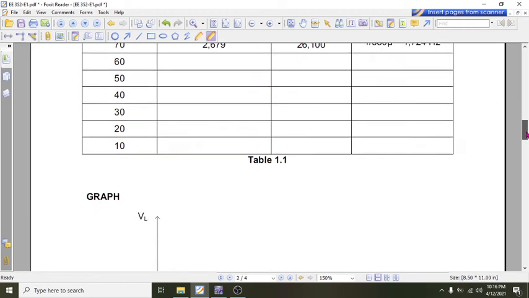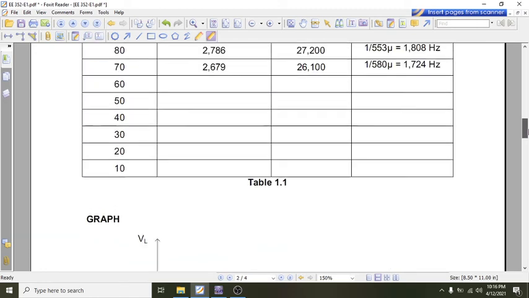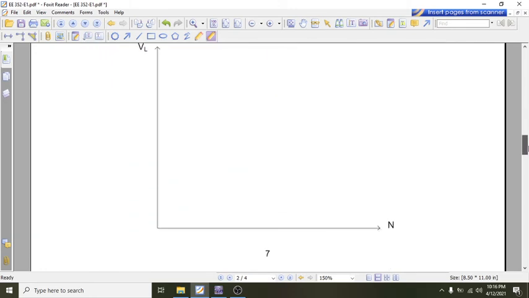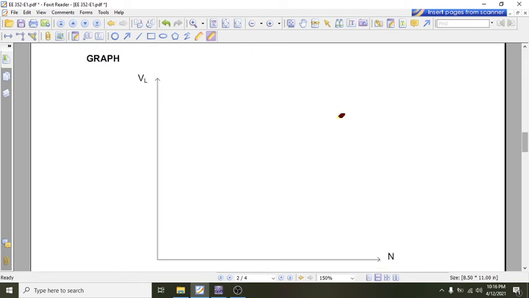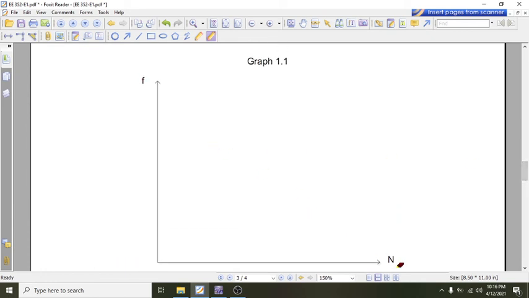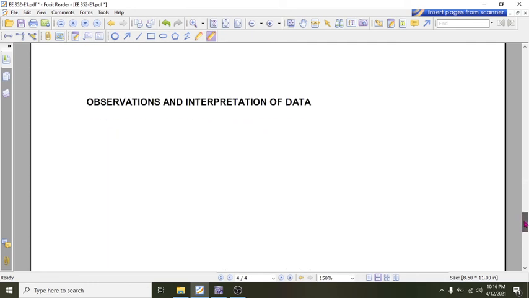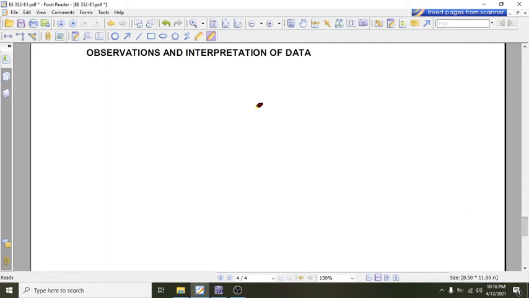After which you will be tasked to graph the following parameters: the line voltage versus the speed, and the frequency versus the speed of the alternator, and then do some sample calculations and the interpretation of the data.